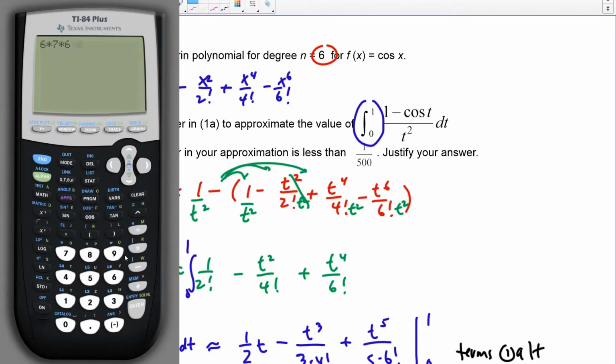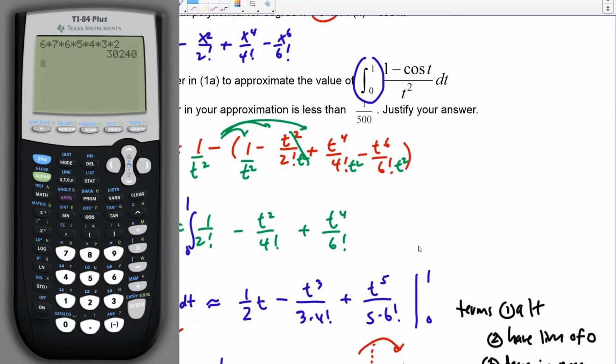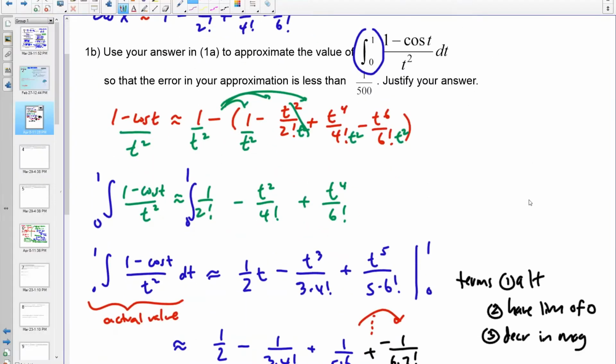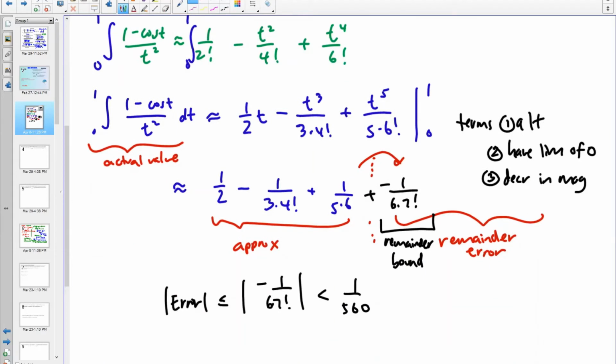Times 6 times 5 times 4 times 3 times 2 times 1. And so that's 30,240. So this number here is 30,240. And is this number less than this? Check, it is.